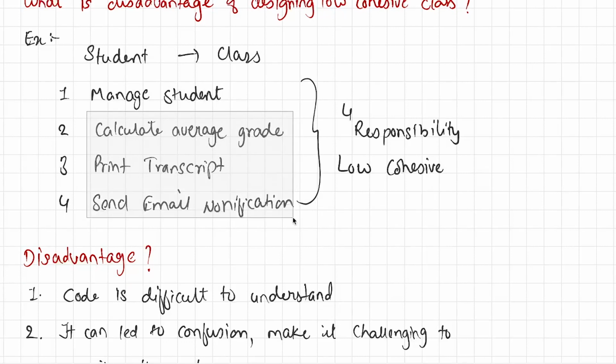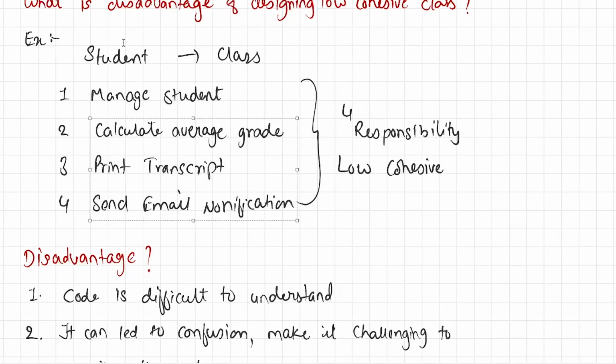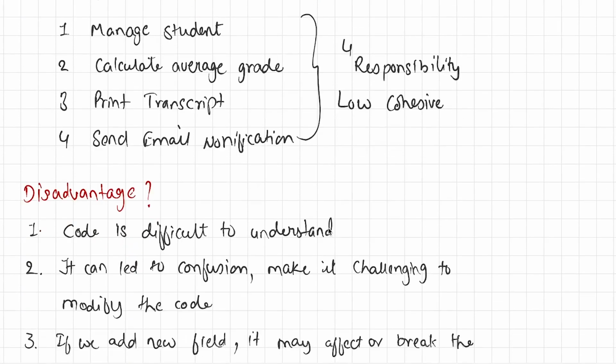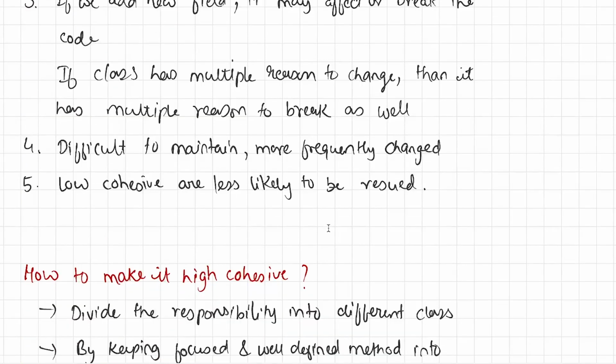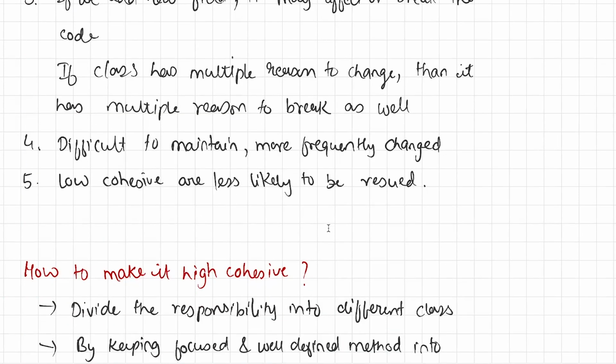And it also contains send email notification, that is also of no use. So we don't need these three methods, right? We only need the Student class. But if we reuse this class, we get these methods by default, because they are unrelated methods present in this class. So that is why it is difficult to reuse this class, and it is almost not possible. So these are the disadvantages of having a low cohesive class.